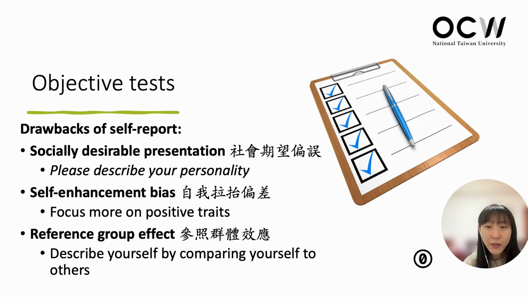People are more motivated to ignore or downplay their least desirable traits and focus more on their positive attributes. And the final one is the reference group effect. This is to compare yourself with others. For example, if you tend to work harder than your friends, you might see yourself as relatively conscientious, even if you are not particularly conscientious in an absolute sense.